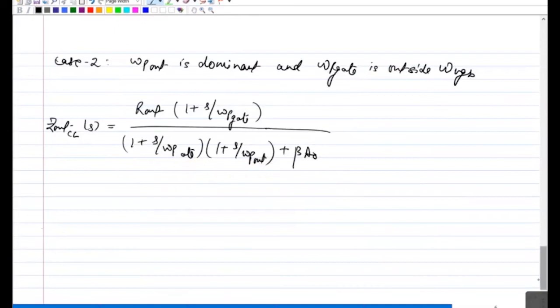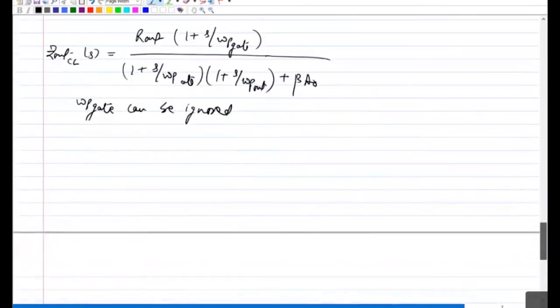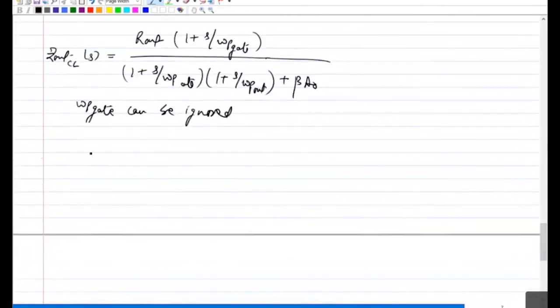So in this case, which one should be ignored? Can we tell which one will be ignored here? Omega p gate. Omega p gate, okay. So which means the zero and pole both will go away. So what do you have?